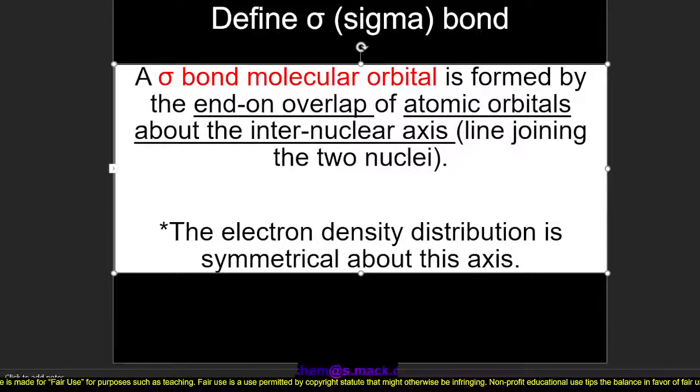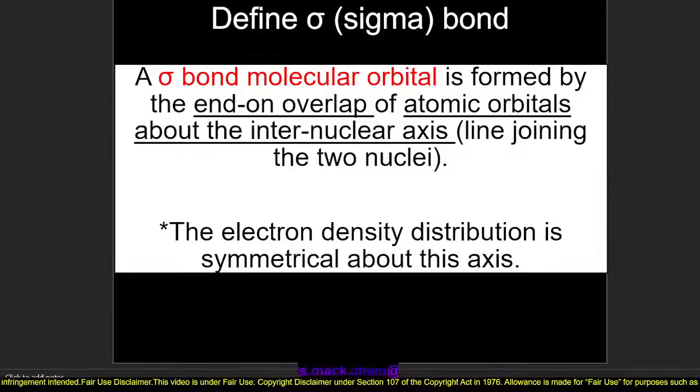Let's go directly to look at how, in the overlap of atomic orbitals, to form this sigma molecular orbital. We're going to look at how the overlap occurs, and we will see that the electron density is distributed symmetrically about this internuclear axis. Let us look at the atomic orbitals which overlap to give a sigma bond.